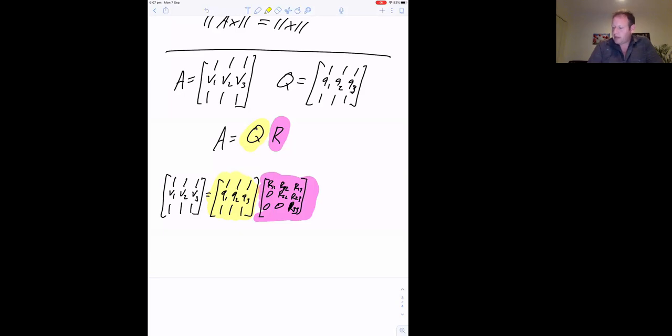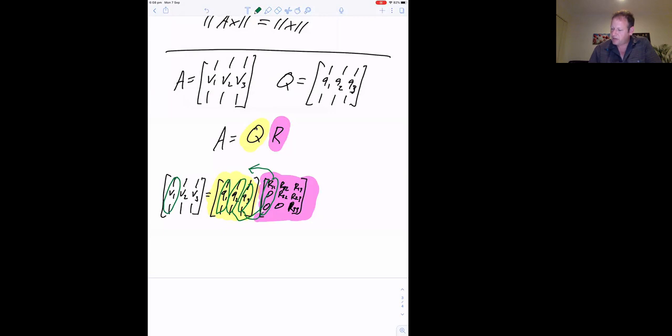You know matrix multiplication. So this vector here, V1, you can take this column here and do a combination of Q1, Q2, Q3. That's one way of thinking of the matrix multiplication. But 0 goes for Q2, 0 goes for Q3.